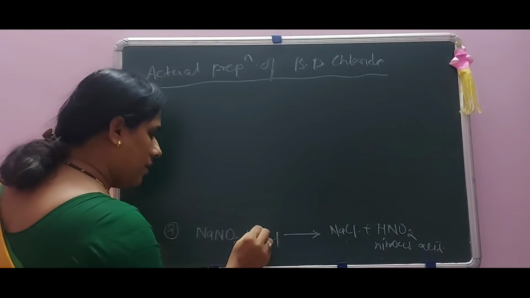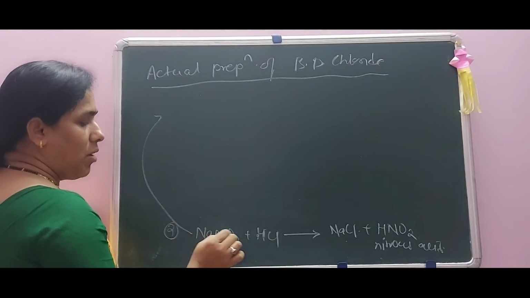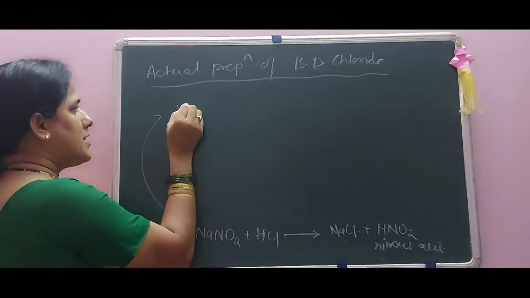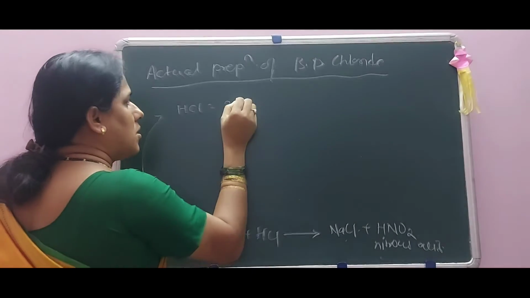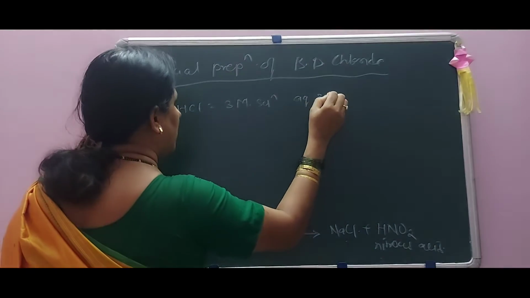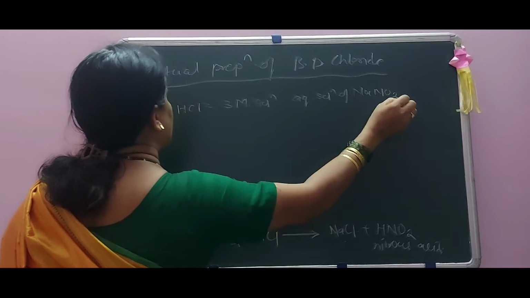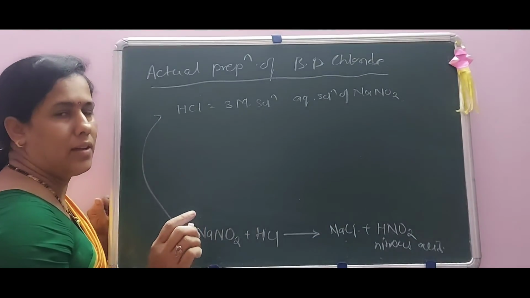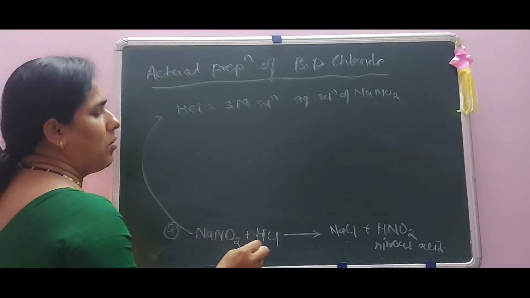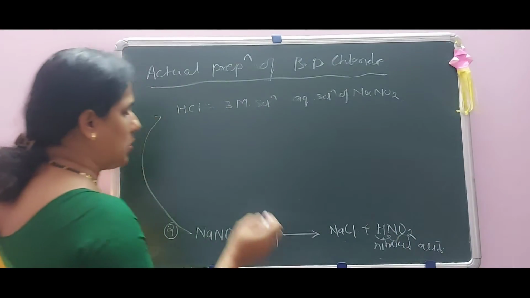Now in this reaction we have to take HCl as a 3 molar solution, and an aqueous solution of NaNO2. Whatever the reaction, we get HNO2.